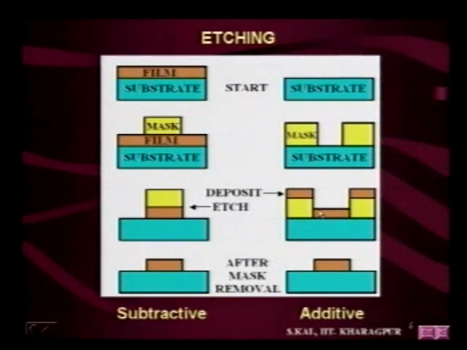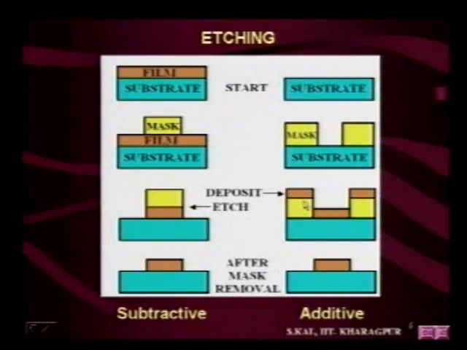Now you use the photoresist remover solution, or the mask remover solution if the mask is different from photoresist. I am not using the film etching solution. I am using the mask remover solution. So this yellow region is the mask, say photoresist.